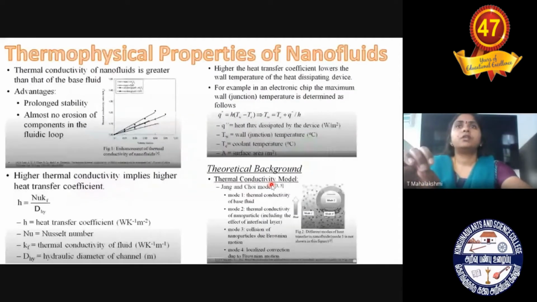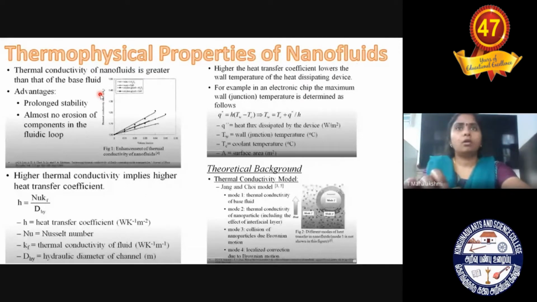So first we see the thermophysical properties of the nanofluid. The first and foremost important property of the nanofluid is the thermal conductivity of the nanofluid. This is the very basic property.